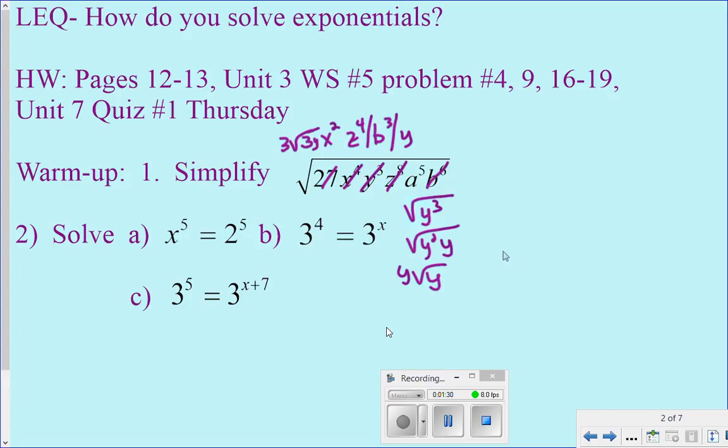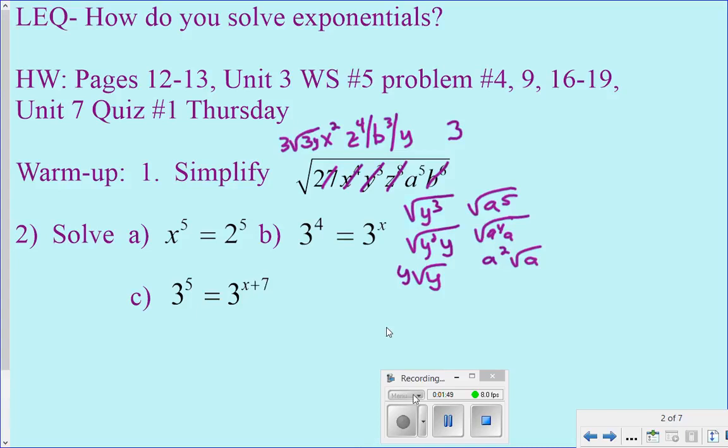Simplifying the a's, square root of a to the 5th is the square root of a to the 4th times a, which is a squared times the square root of a. Looks like I'm out of space there. So let's start to write that. So I have a 3.